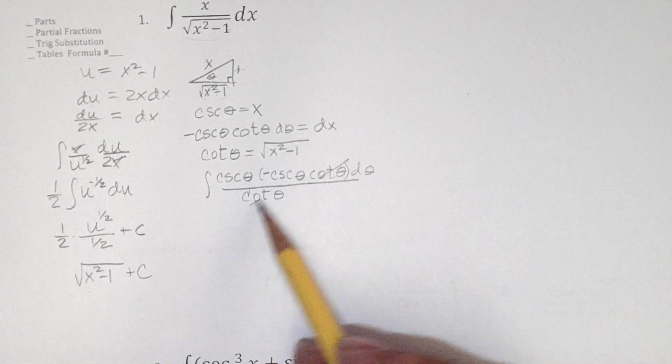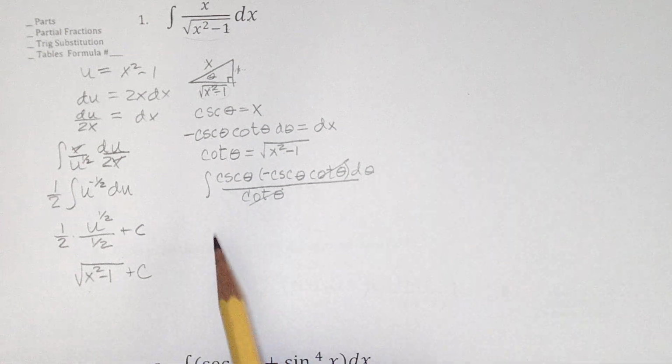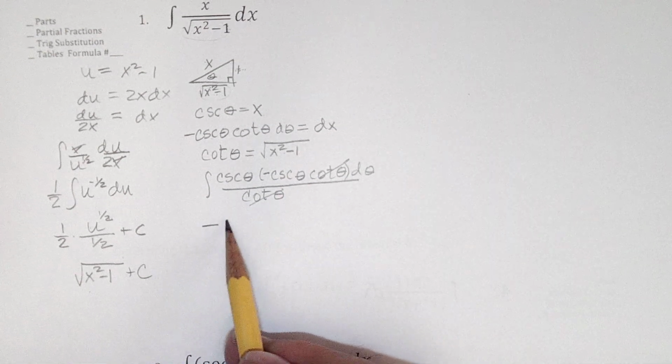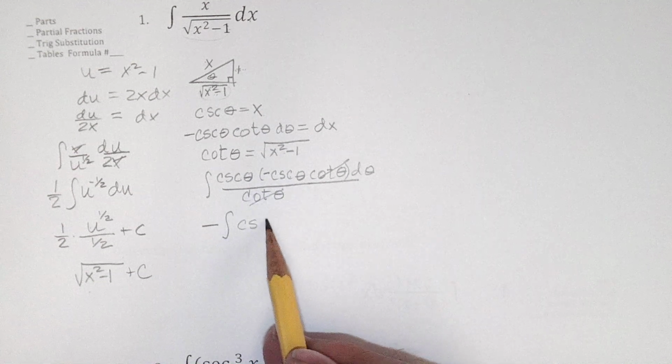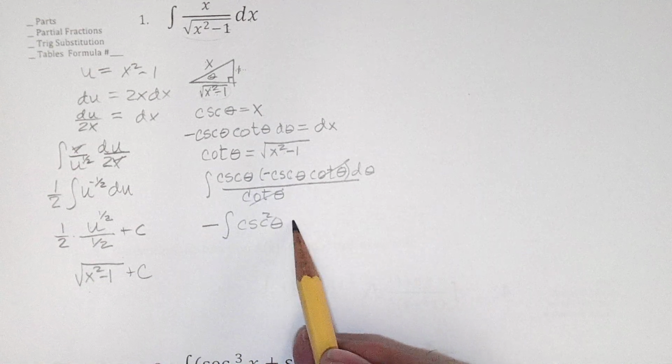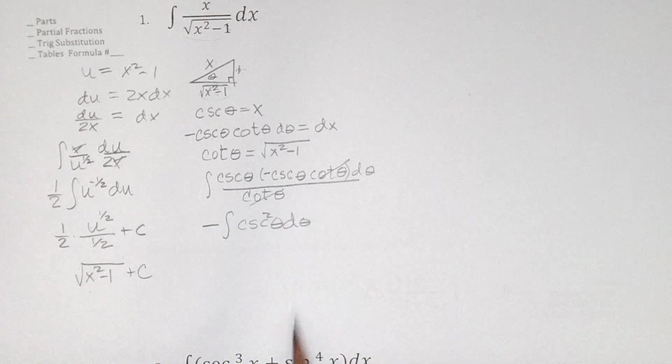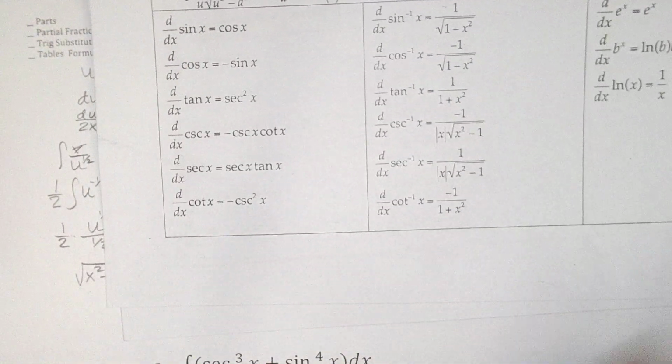Cotangents cancel, and so I have a negative cosecant squared, and the antiderivative of cosecant squared is cotangent.